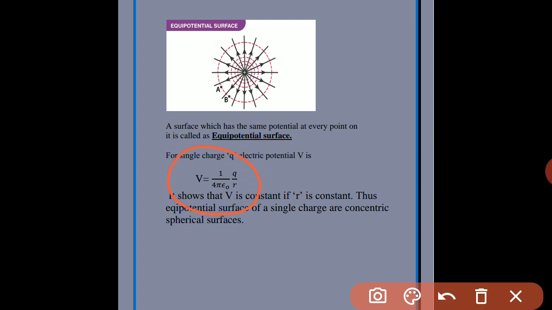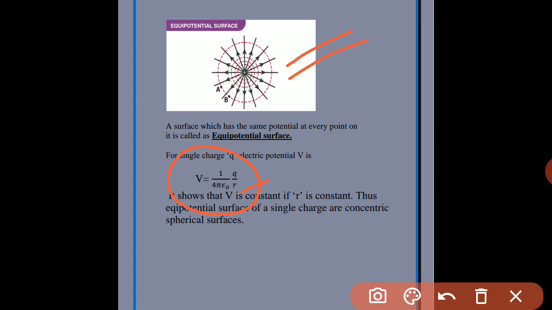In this equation which thing is variable and which things are constant, that you have to see. 1 divided by 4 pi epsilon naught is a constant, you know it is constant for all things. And in this equipotential case, this Q is also constant because you are having only one point charge. Then only the distance R will be variable.